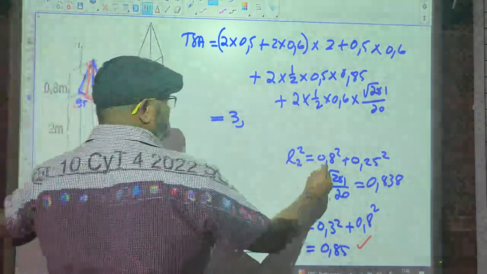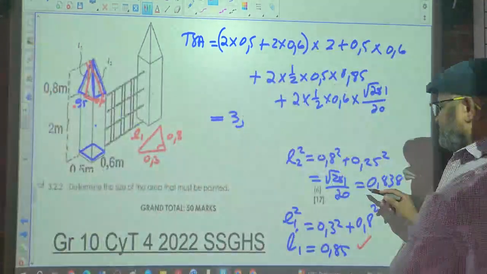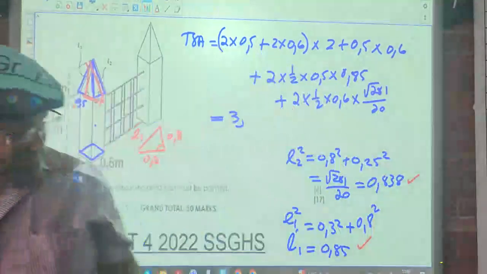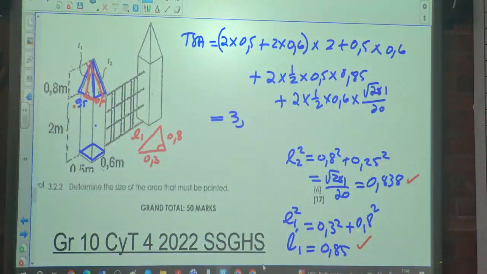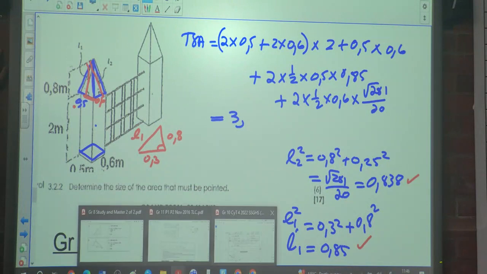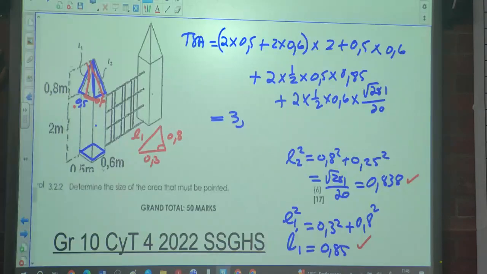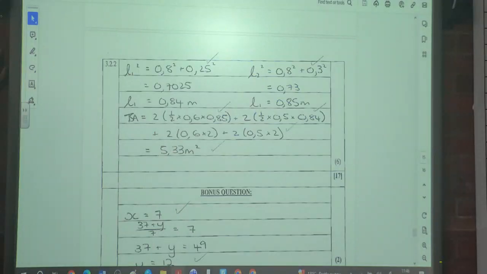So 0.8 squared plus 0.25 squared, and that gives me 0.838. Let's look at the memo and see which one is which. They're saying L1 is 0.84. That's the mistake there. L1 is 0.85. So the mistake is here. This had to be flipped, switched around.